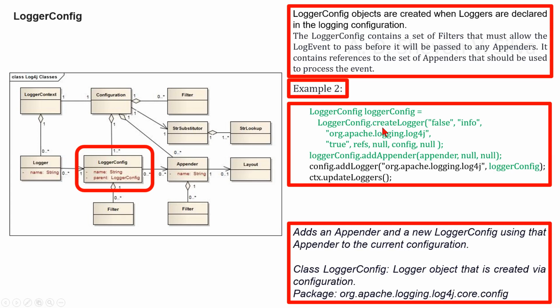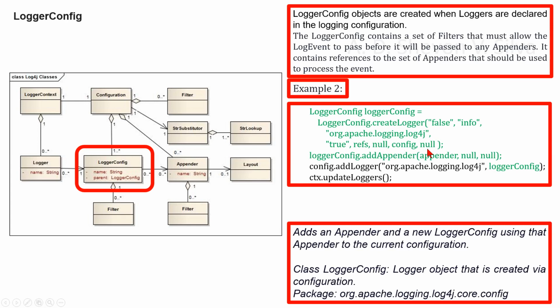Here is the public static LoggerConfig createLogger, with a string additivity, org.apache.logging.log4j.Level level, and string logger name, and string includeLocation, where the location should be passed to downstream, and appender refs, an array of appender names, and properties to pass to the logger as an array, and the plugin configuration config here, and filter.